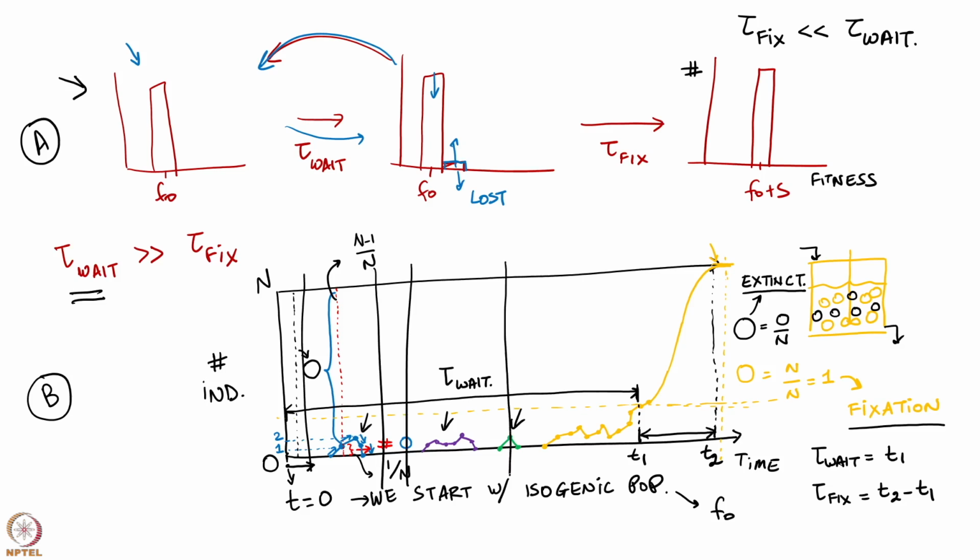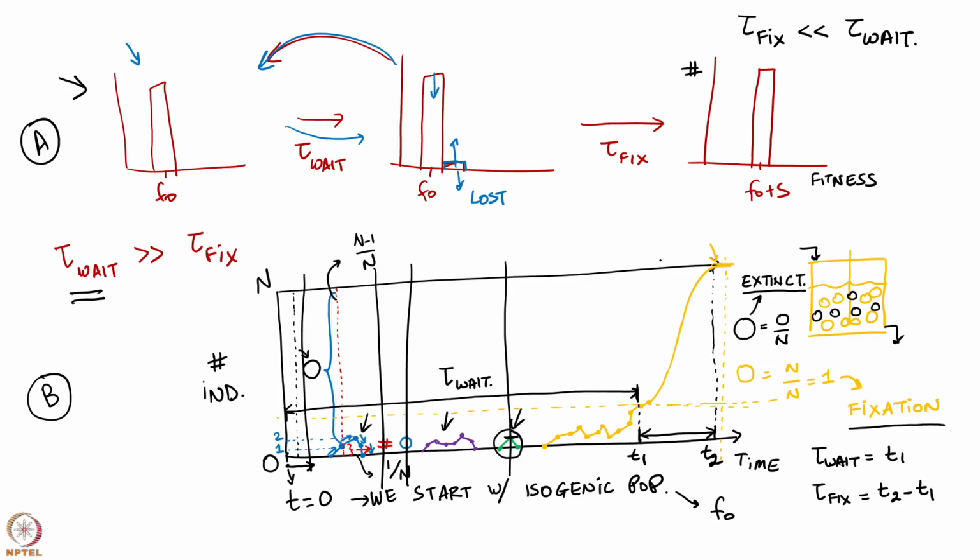If we take a snapshot here, I will get one individual out of n which is carrying this beneficial mutation. But such low frequencies are really hard to detect, because remember the n that we are working with is in hundreds of millions, billions, hundreds of billions, and detecting one individual is really hard in those settings. So, I will not detect it.